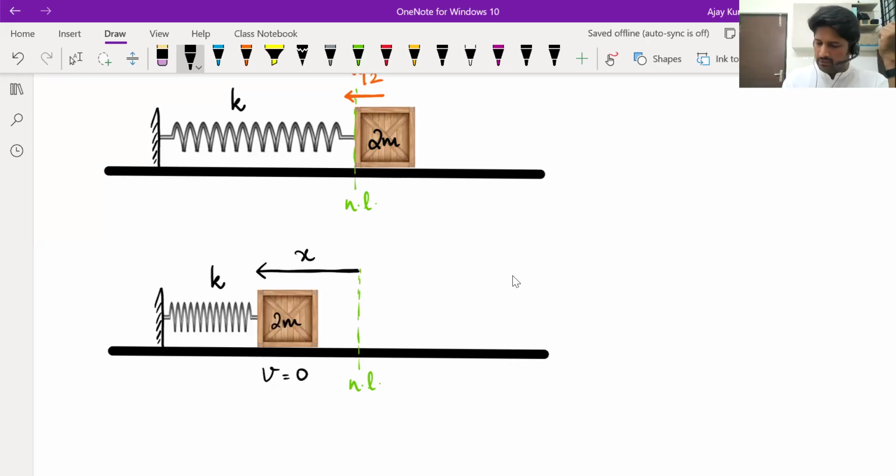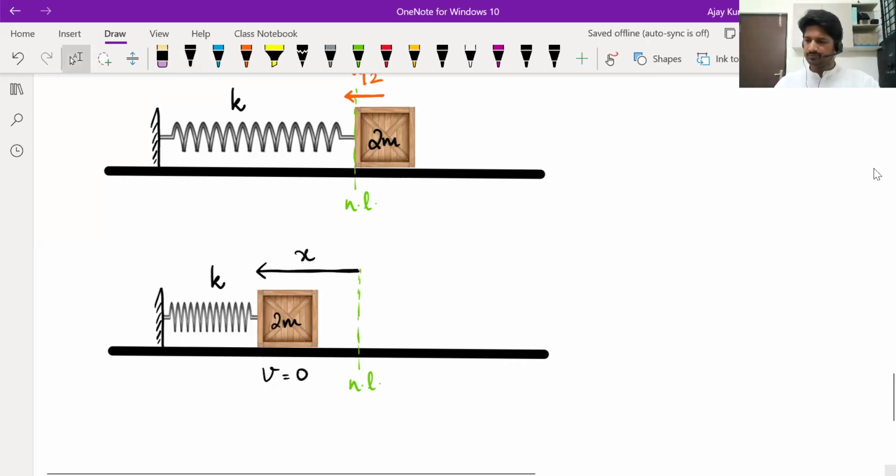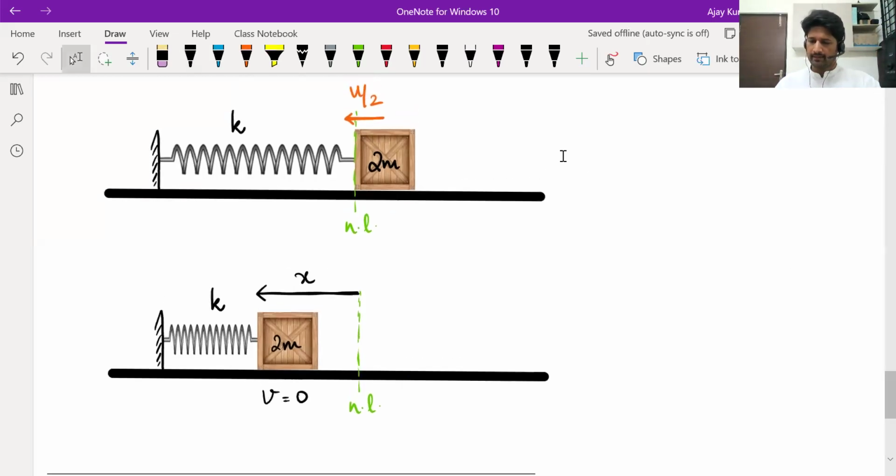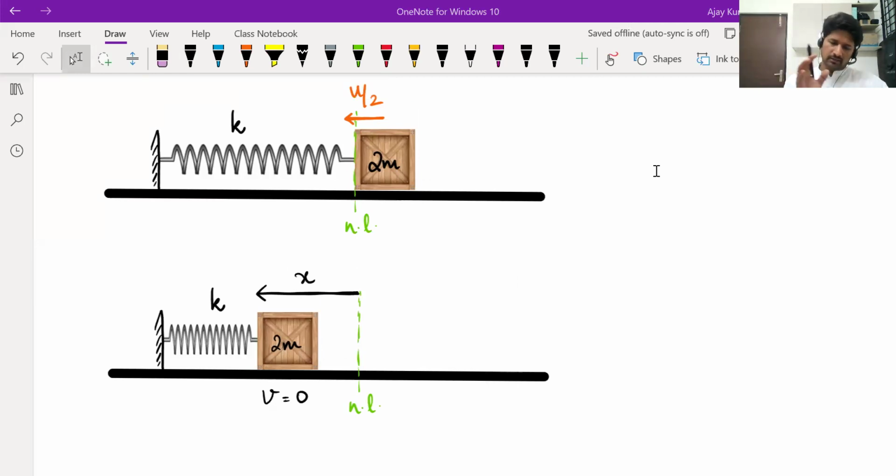Tell me, how can we do this part? Aishwarya, can you suggest any idea? Spring was at natural length, 2m was moving, but gradually 2m comes to rest, spring gets compressed.